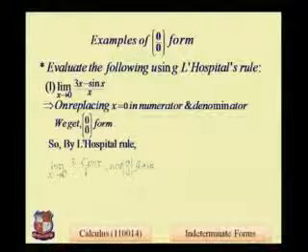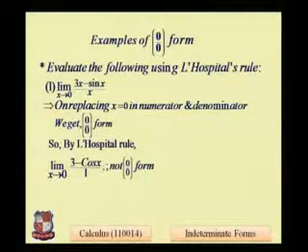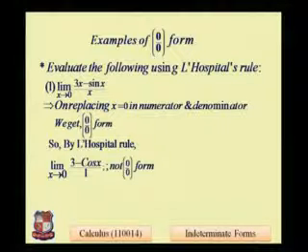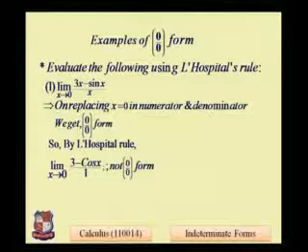So derivative of 3x minus sin x upon x is 3 minus cos x upon 1. Now again put x is equal to 0 according to the working rule of L'Hospital. If we put x is equal to 0, then we do not get 0 by 0 form. So we can find the limit.